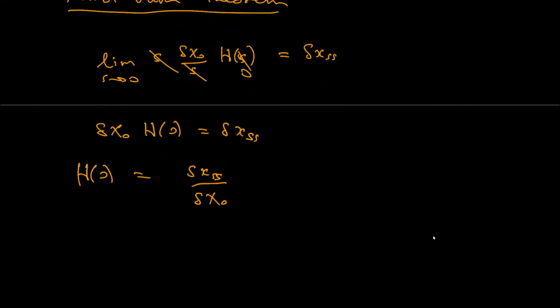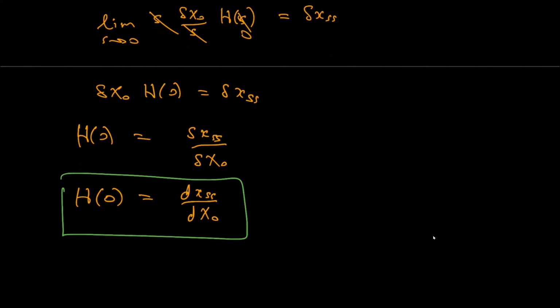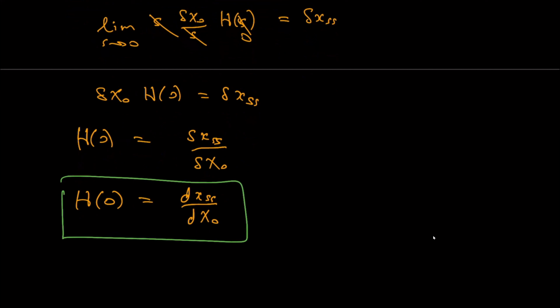Now in the limit, as I make the change smaller and smaller, which I would do in reality, that becomes dXss over dX0. Okay. So this is a derivative. In fact, this is a sensitivity. This is the sensitivity of the steady state with respect to the input.